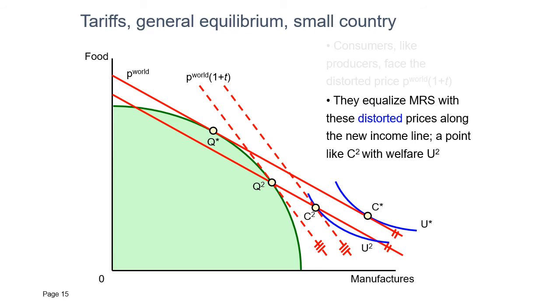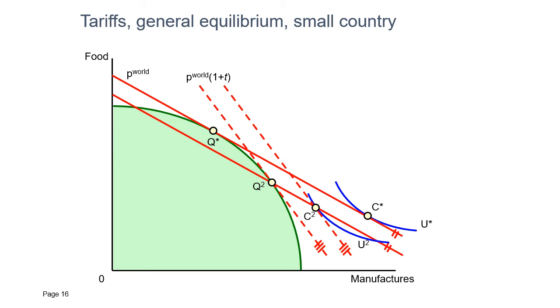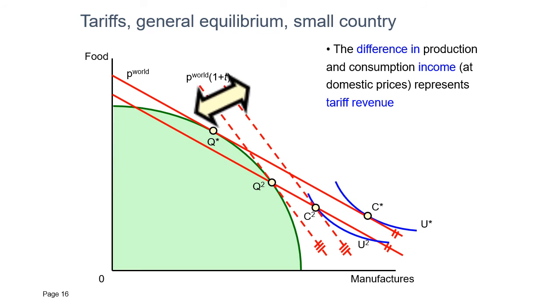So C2 is where they land up, but what we can see is that at this new consumption point, the level of utility has dropped from U star to U2. In essence, the difference between the two dotted lines, the one on the left representing production income and the one representing consumption income, is actually your tariff revenue.